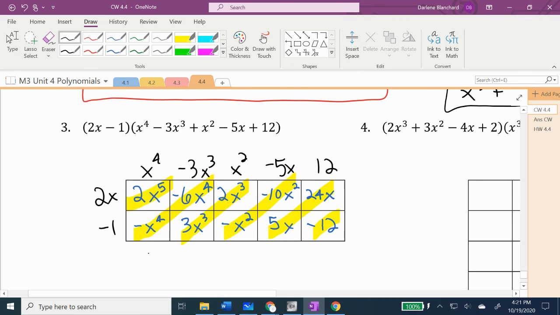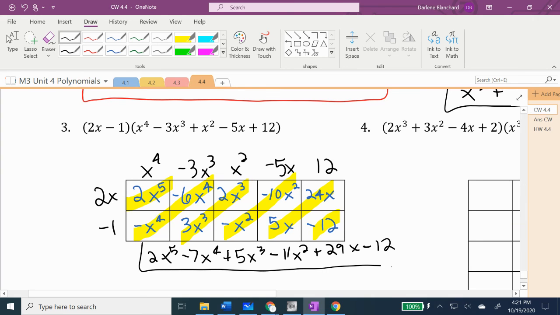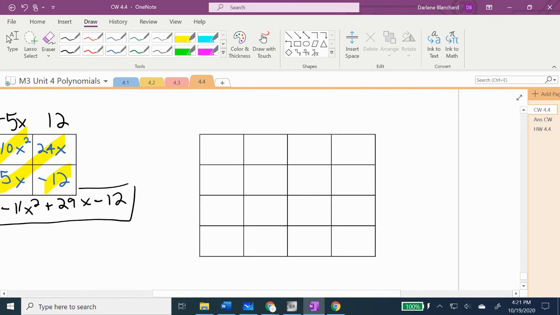That gives me 2x to the fifth minus 7x to the fourth plus 5x cubed minus 11x squared plus 29x and then minus 12. And again, I'm already in standard form if I added it in that manner. One more.